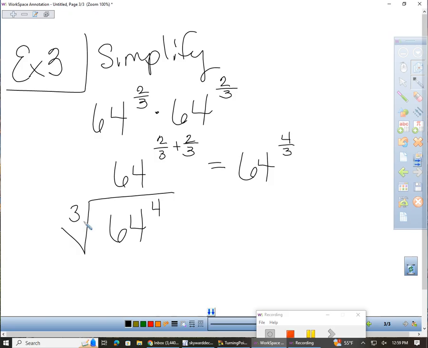A group of 64s can come out, right? So I can take a group of 64s out, which is going to leave me with just one 64 left, which is 4, exactly. So we're going to times this by 4, and we get a total of 200 and... thank you. I'm trying to multiply in my head.